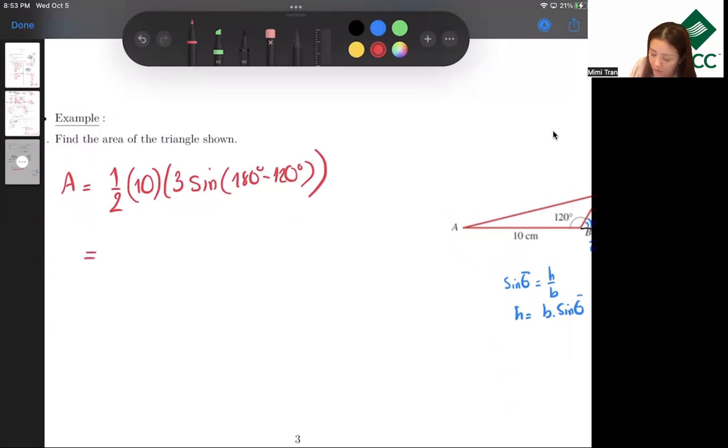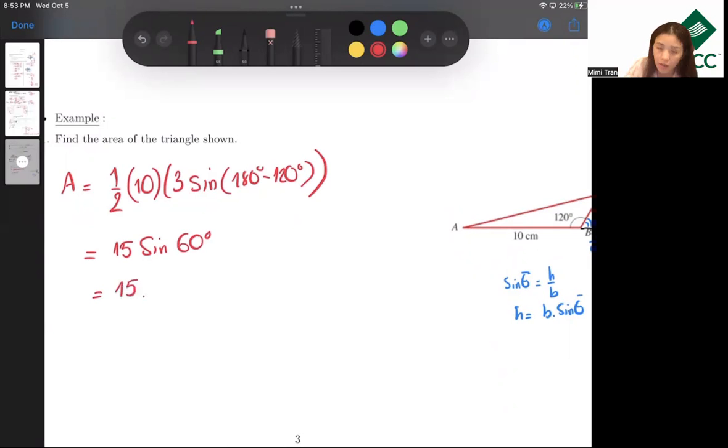Okay, now let's see. 10 divided by 2 is 5. 5 times 3 is 15. So 15 sine 60 degrees. Sine of 60 degrees is root 3 over 2.